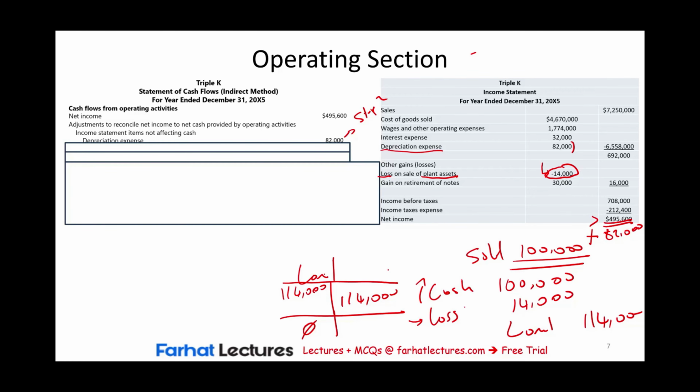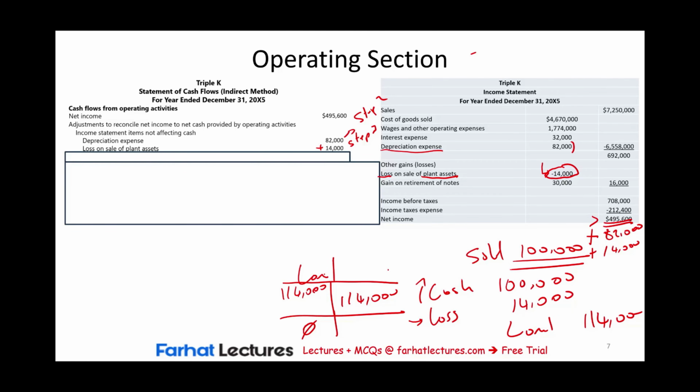Why? Because I received cash. Therefore, what's going to happen? The loss will be added back because I deducted $14,000 to come up with $495,600, and now I want to convert that amount to cash. I will add back any loss I deducted. So I'm done with this. It is basically part of step 3.